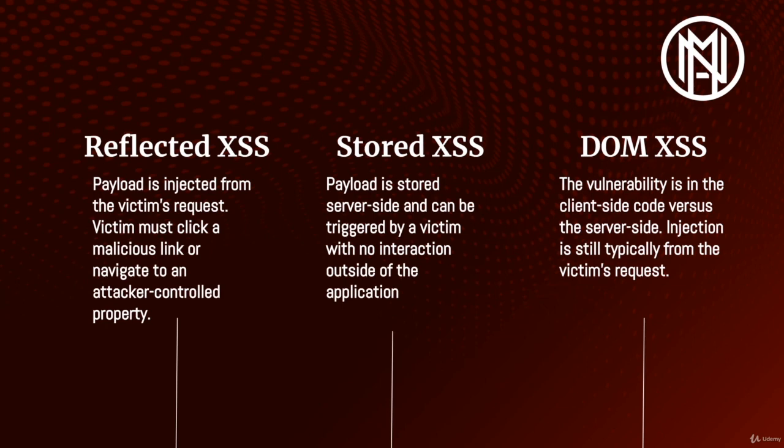Versus the stored XSS, it's actually stored server side. So anytime a user visits a particular page, it pulls that payload from the web server or from the database and it shows it on the screen. DOM XSS usually is some sort of a client-side code versus the server side. The injection typically still happens on the victim's request, but it gets passed through a different function or different JavaScript code for it to work.